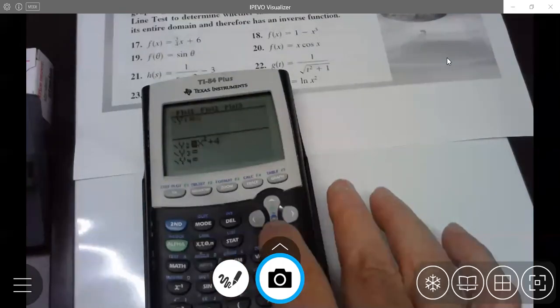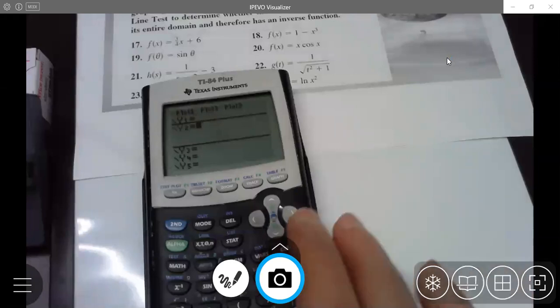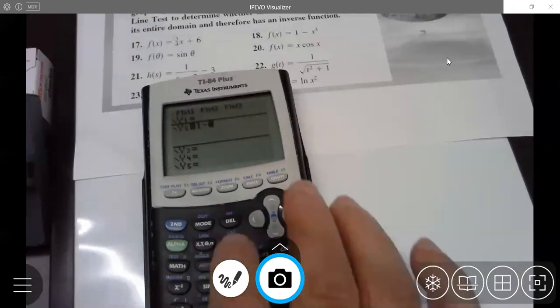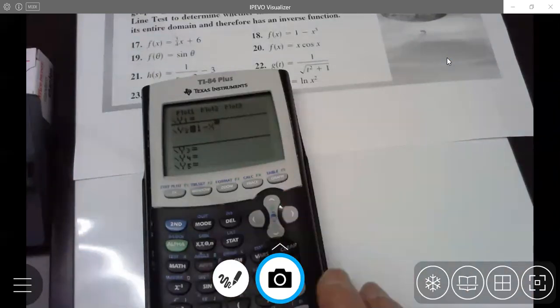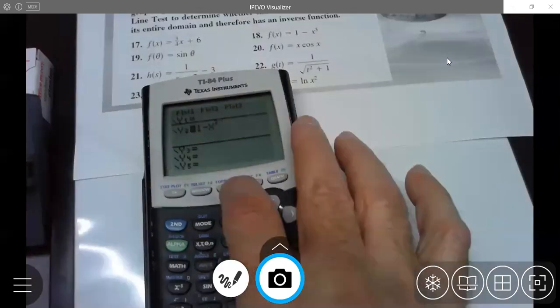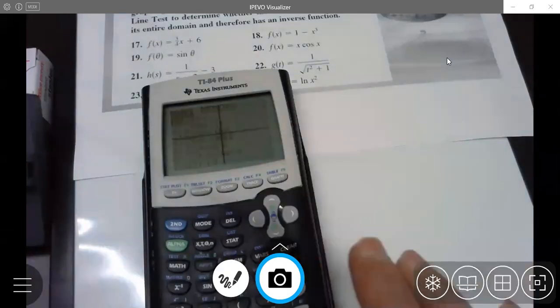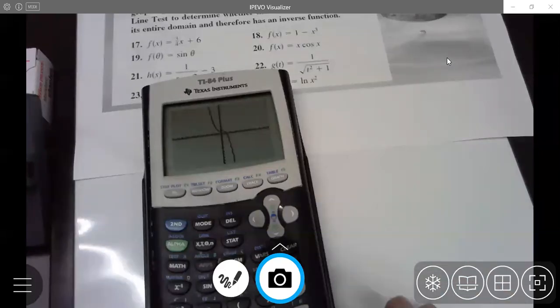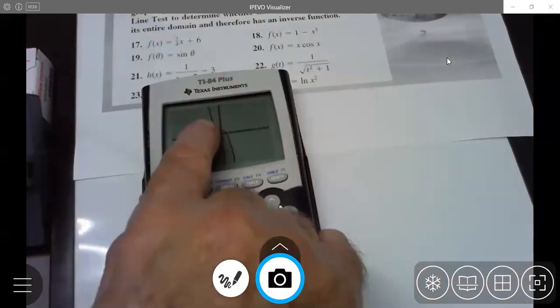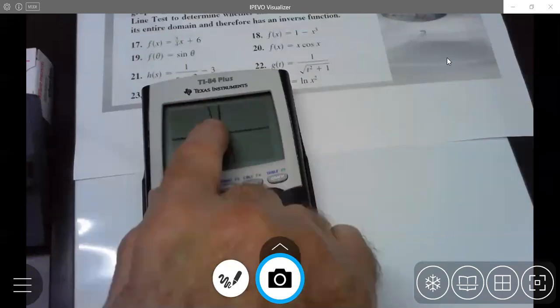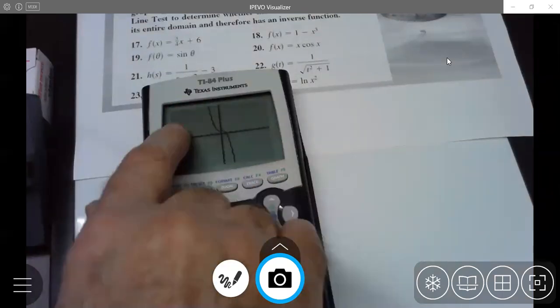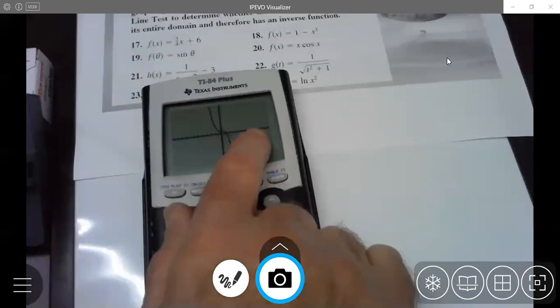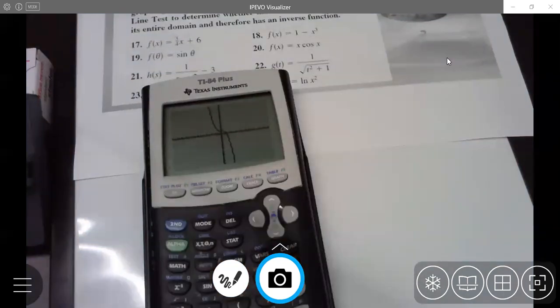We put in 1 minus x cubed and hit zoom and 6. There we go. You can see that it's monotonic because it decreases the whole time. If we apply a horizontal line test, it would pass. So it is 1 to 1, which means we can get an inverse to this function.